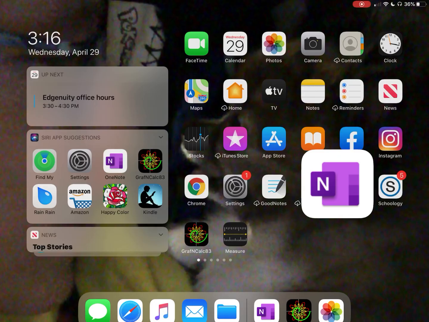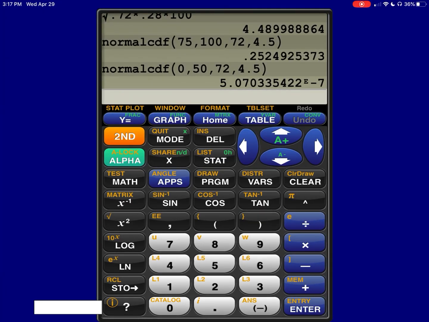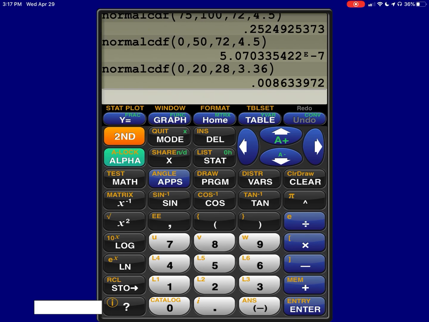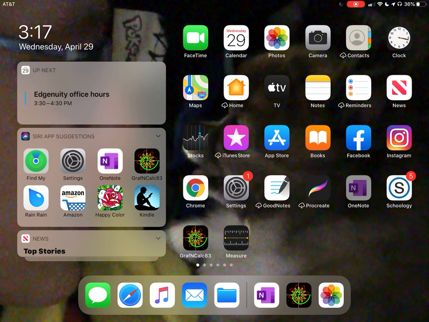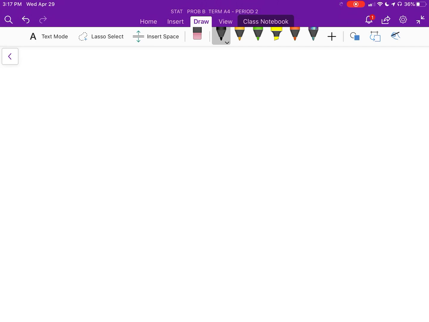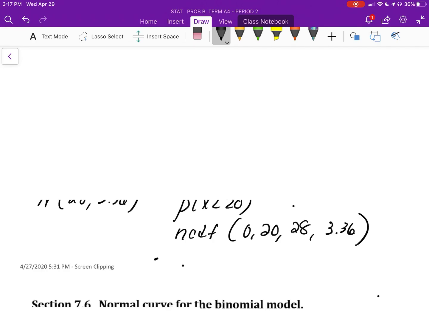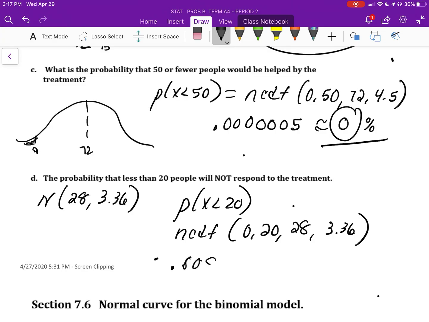So 0 to 20, 28, and 3.36. That gives 0.008, so about a less than 1% chance of that happening. So that's 0.008, which is a 0.8% chance of that happening. All right.